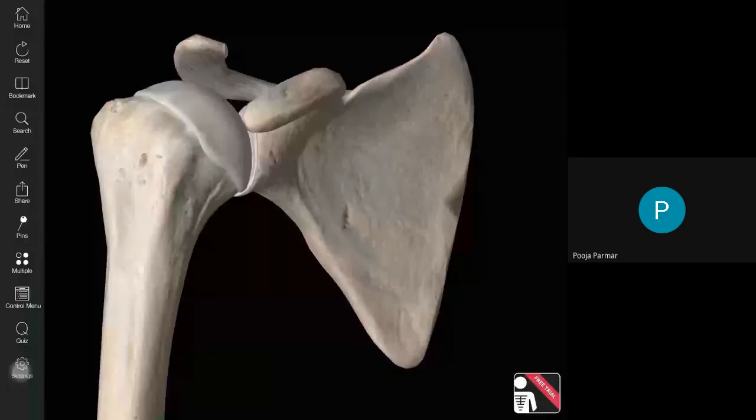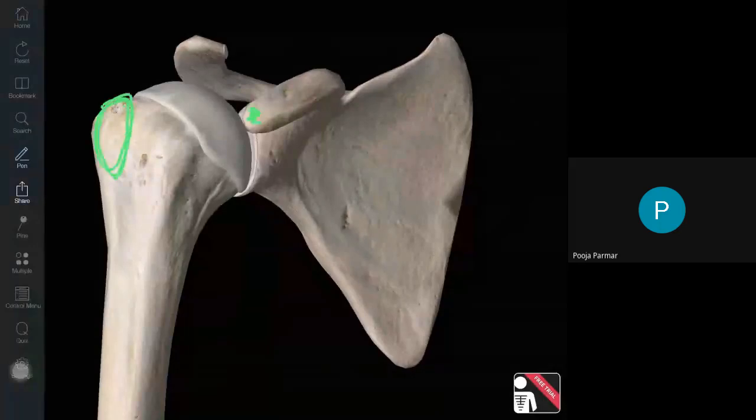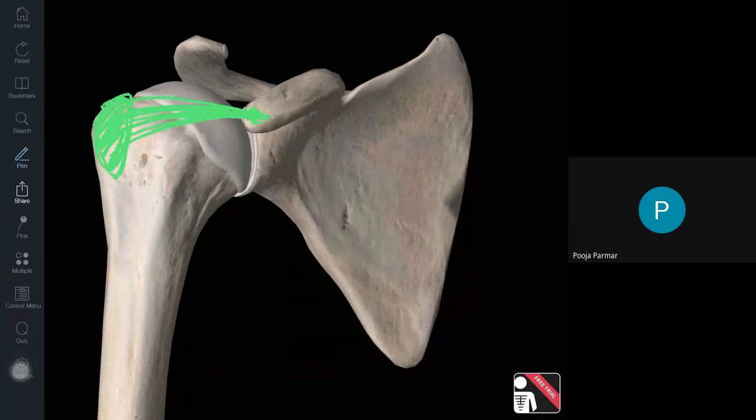The extracapsular ligament, which is called the coracohumeral ligament, has two bands. The first band is from the coracoid process to the greater tubercle. So from here to here, one ligament will pass. This is one band, and this is the lesser tubercle, and here is another band.